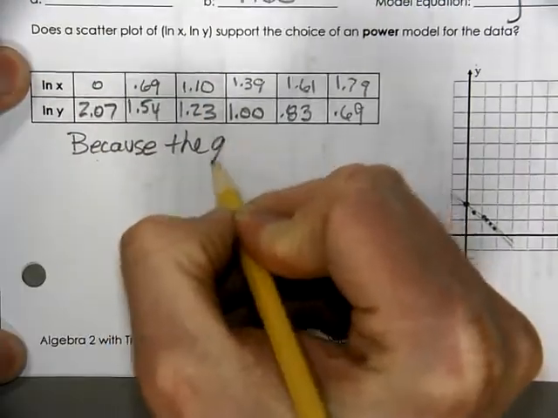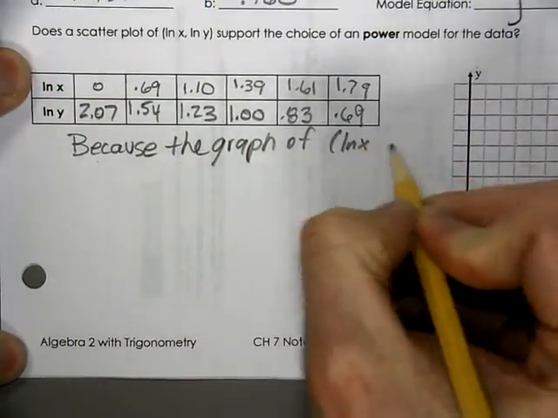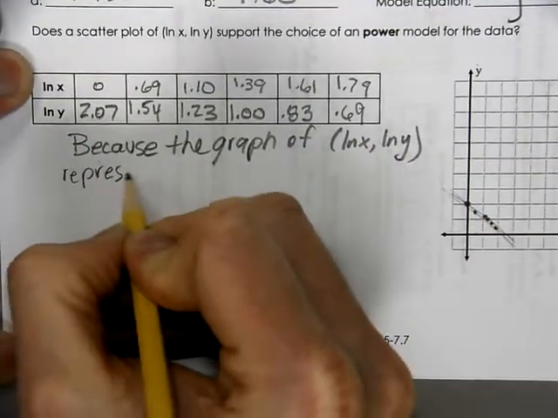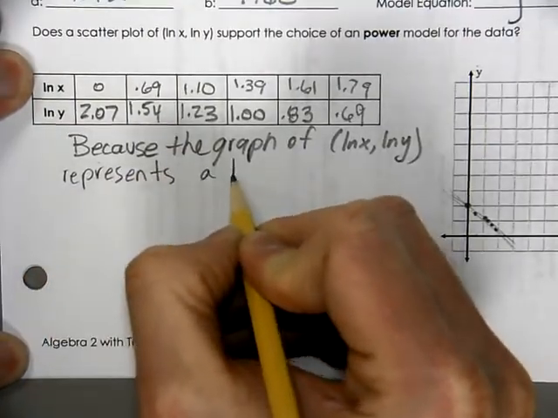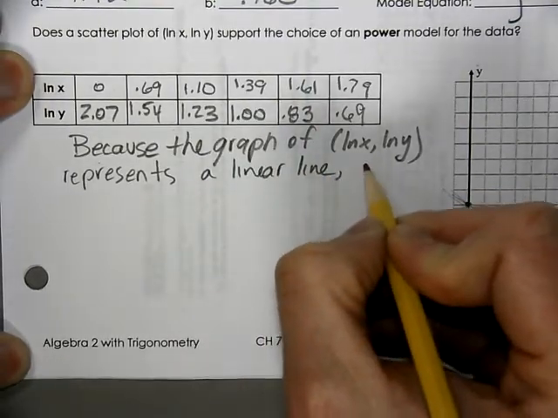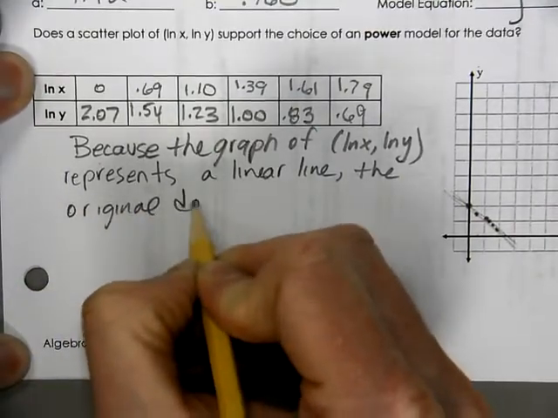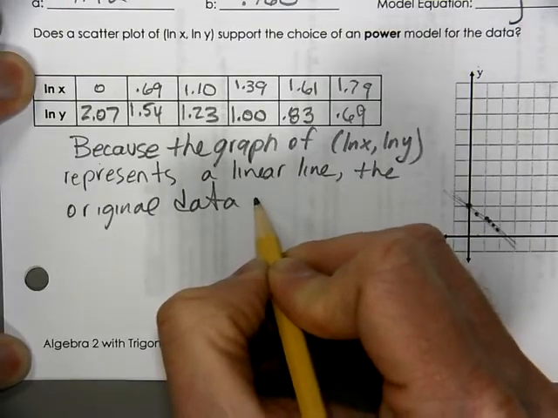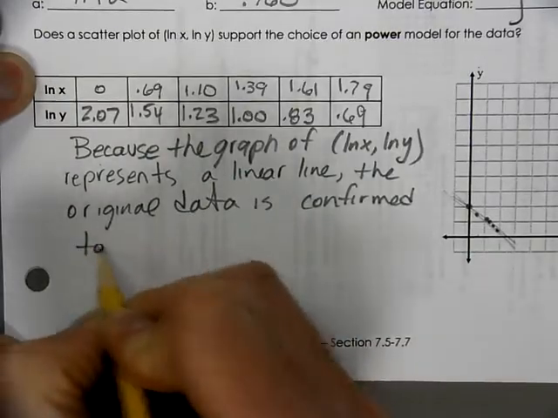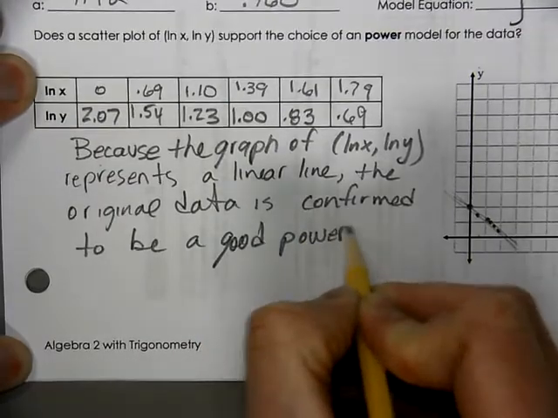Because the graph of natural log of x comma natural log of y represents a linear line, the original data is confirmed to be a good power model.